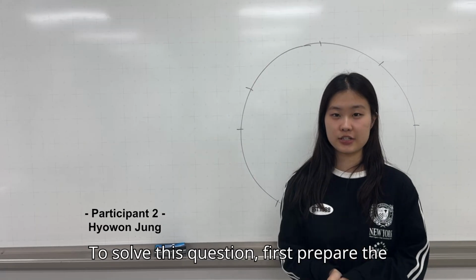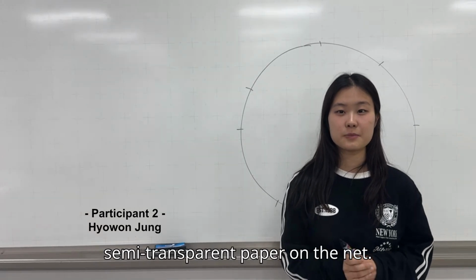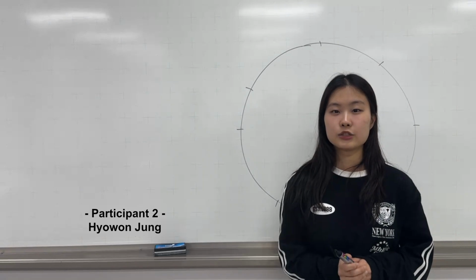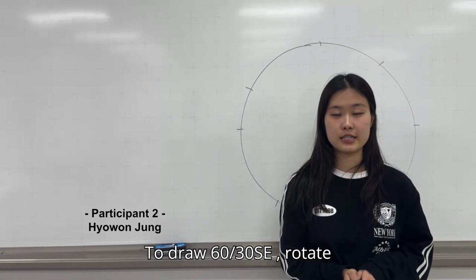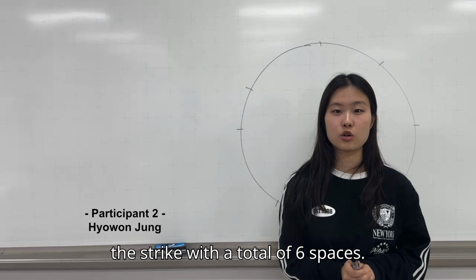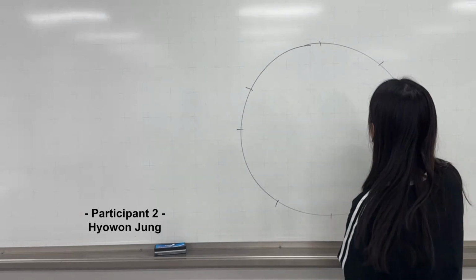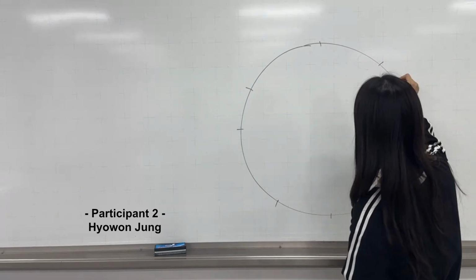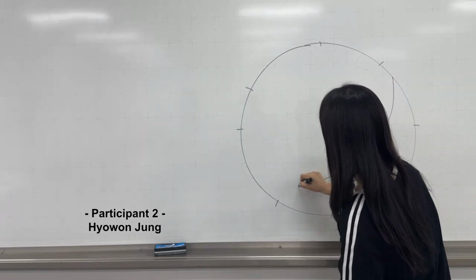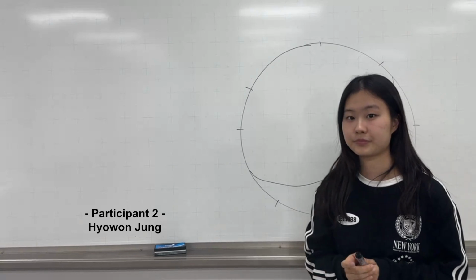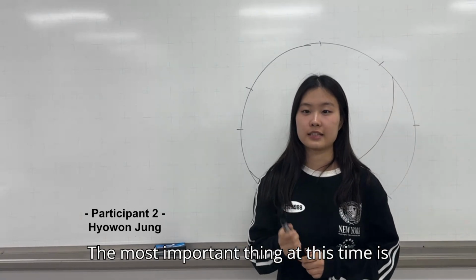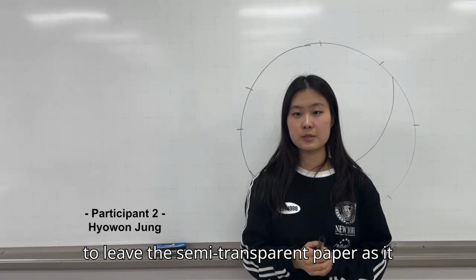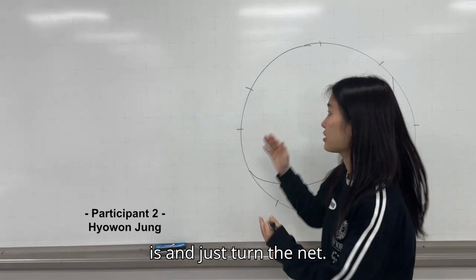To solve this question, first prepare the semi-transparent paper on the net. To draw 60, 30 SE, rotate the strike with a total of 6 spaces. The most important thing at this time is to leave the semi-transparent paper as it is and just turn the net.